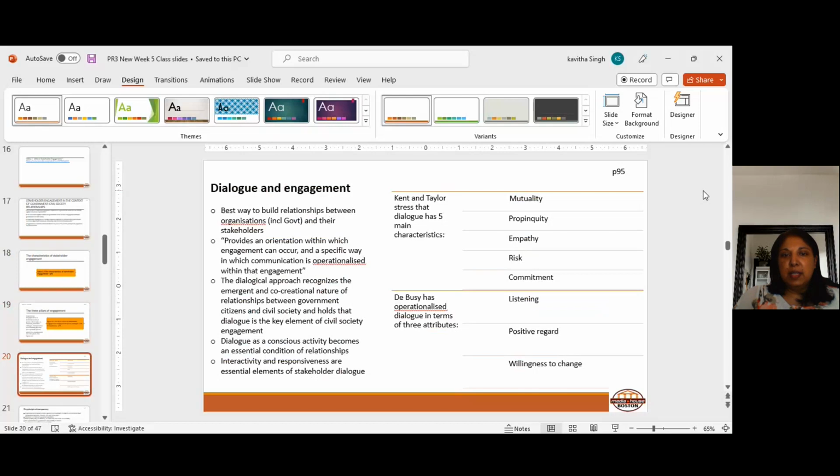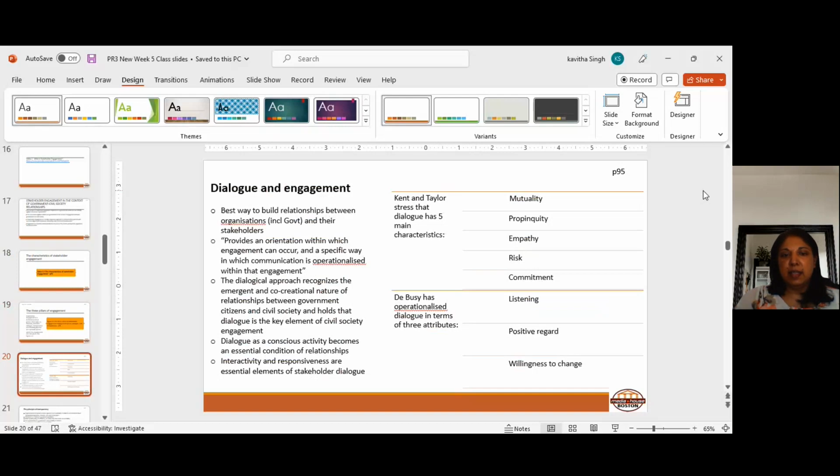It provides an orientation within which engagement can occur and a specific way in which communication is operationalized within that engagement. The dialogical approach recognizes the emergent and co-creational nature of relationships between government, citizens, and civil society.